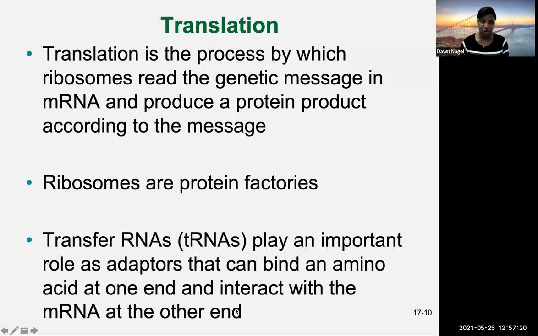And in order for translation to work efficiently, you need a number of important players that help with this translation process. So the ribosomes are super important, right? They're protein factories. They need to be able to acquire the amino acids, and the transfer RNA is important as well, to translate that RNA into a peptide or a protein, okay?